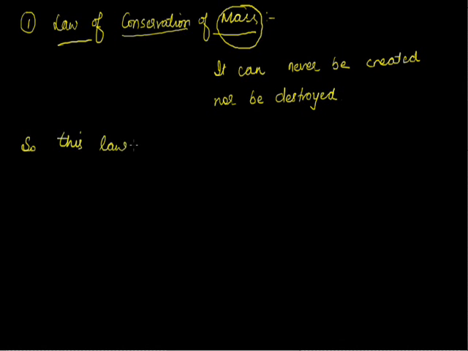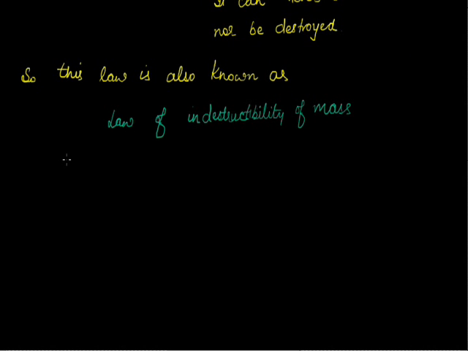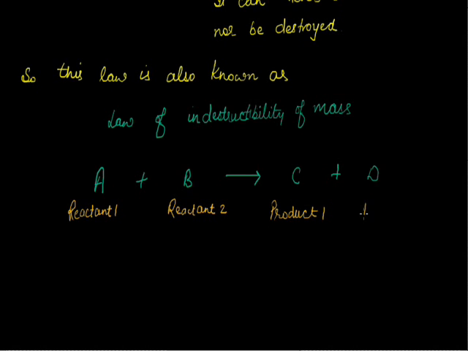So this law is also known as law of indestructibility. According to this law, suppose reactant A is reacted with reactant B to give product C and product D. Thus we have reactant 1, reactant 2 to give product 1 and product 2.